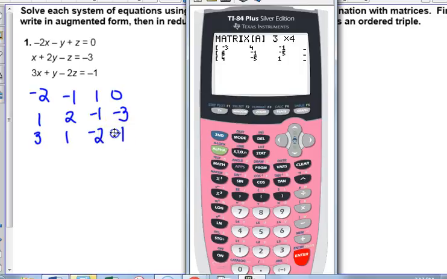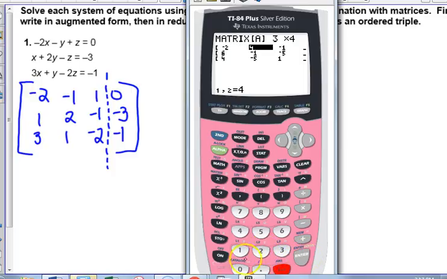But this is the augmented matrix, and you can put the little dashed line in there if you want, but you don't have to. And that's how you type 3, enter, 4, enter.